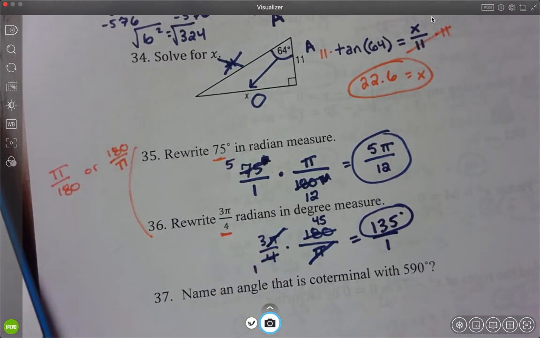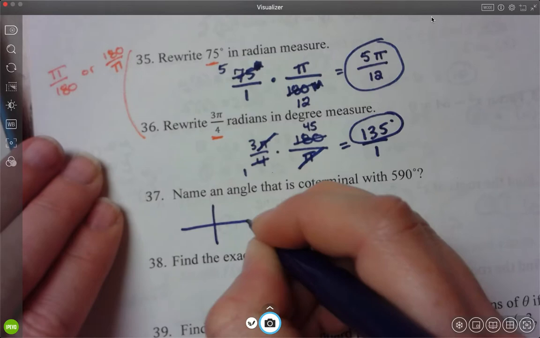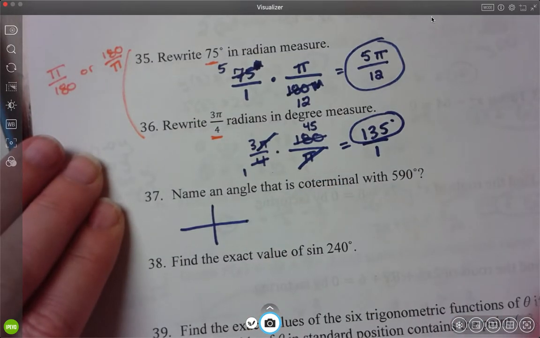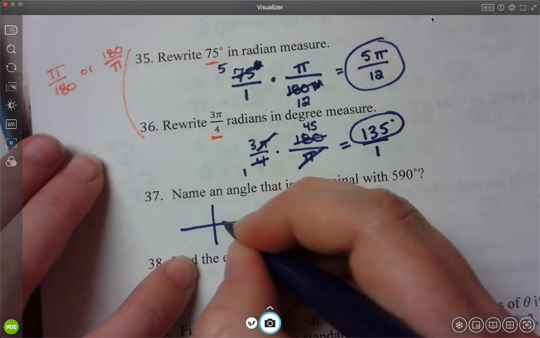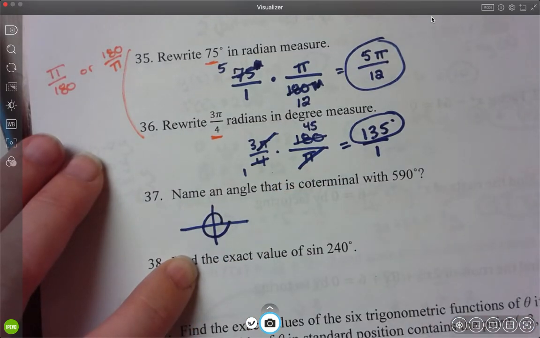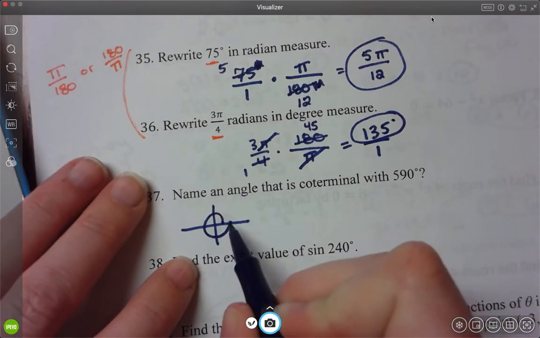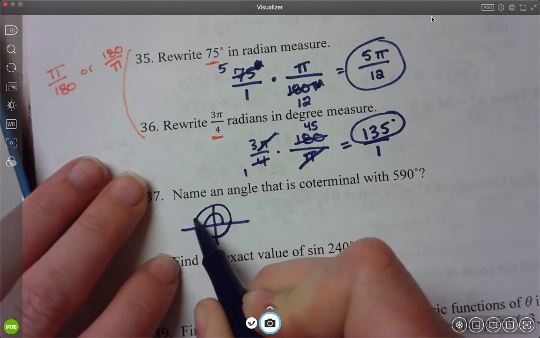Okay? All right, 37. Name an angle that is coterminal with 590 degrees. That's a lot of degrees. If I'm looking at a standard coordinate plane, if I start here and go all the way around, that gives me 360 degrees. I've basically gone back to where I was before. 590 is going to put me almost 2 full rotations, so I think it's down over here.